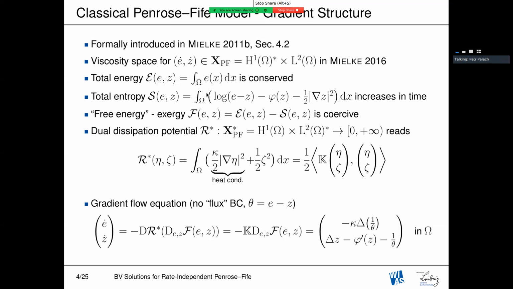Okay, so you're asking in this line with total entropy why there is this phi and this gradient. That's the original entropy introduced by Penrose and Fife, and if you do it so, I believe it's correct. Penrose wrote it so, but if you do it so, then you really leave only the thermal effects.